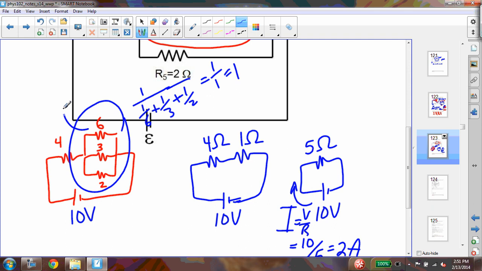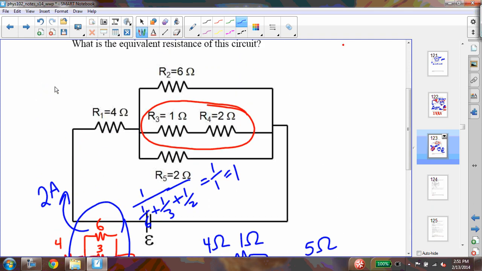That means that as I come up through here, I have 2 amps of current. So when I come through this circuit, what's our current? I have I1 equal to 2 amps. Likewise, I can calculate V1, which is 2 amps times 4 ohms, IR, which is 8 volts.